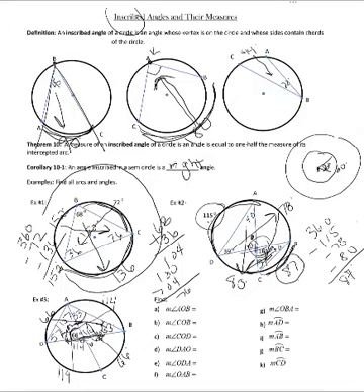Then take a minute to try to label things with three letters. So angle AOB would be this 114 one. COB would be this 66 one. COD is 114.